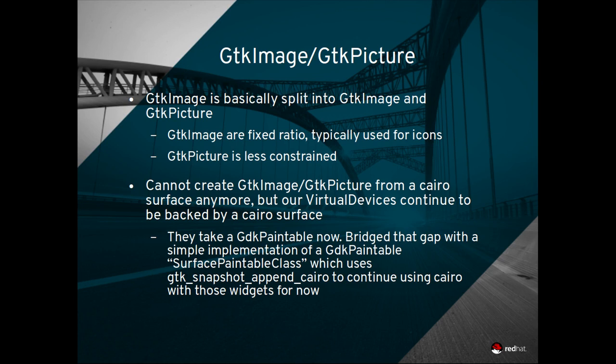The argument they take now instead is a GTK paintable, so I've bridged that gap with a simple implementation of one of those GTK paintables, called a surface paintable, that uses gtk_snapshot_append_cairo to append the snapshot of a cairo surface to those widgets, so we can continue to use our virtual devices with the replacements in GTK4.